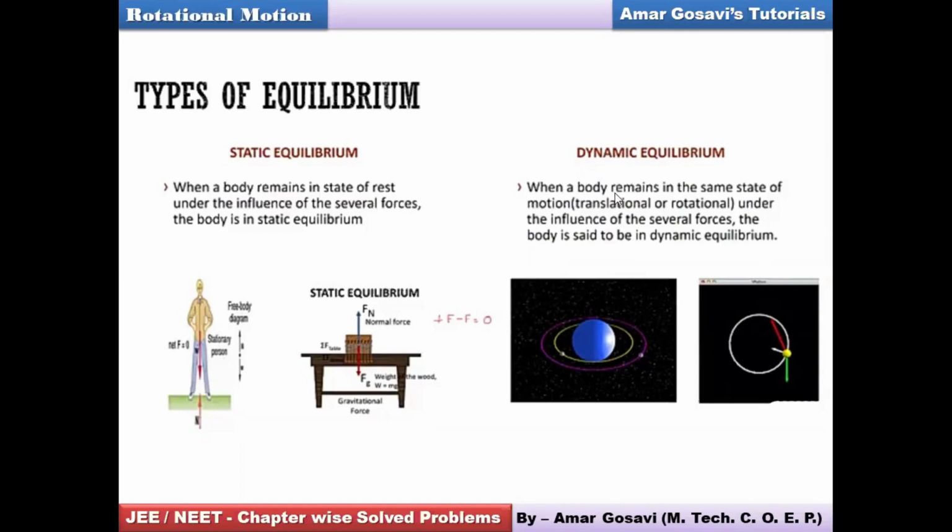That motion can be either translational or rotational, and obviously it is also under the influence of several forces. When I'm talking about rotational motion, we have talked about the moment of force or torques, if you all remember. If they nullify each other, just like the way here the forces nullified each other, then we can say the body is in dynamic equilibrium, friends.